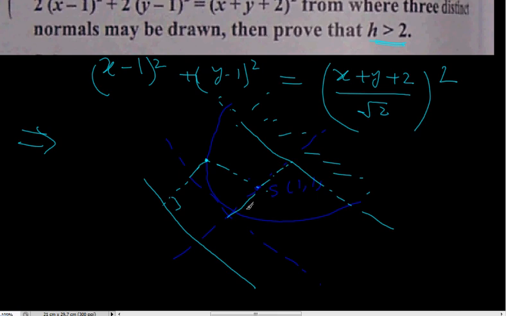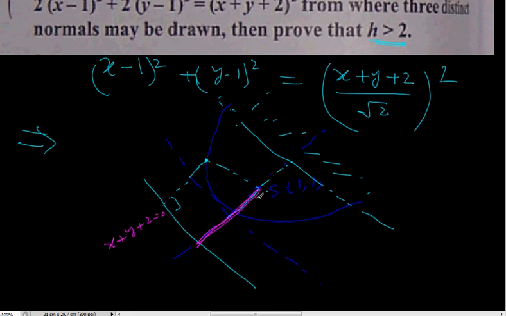See, here S is (1, 1). Can you tell me what is the distance between this S and this fixed line? The fixed line is x + y = 2, that is x + y + 2 = 0, and this is a fixed point (1, 1).